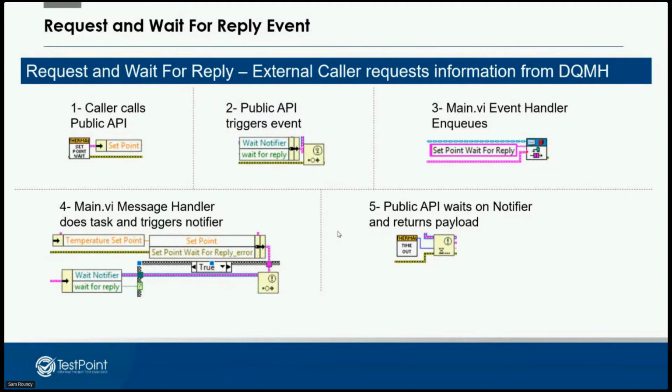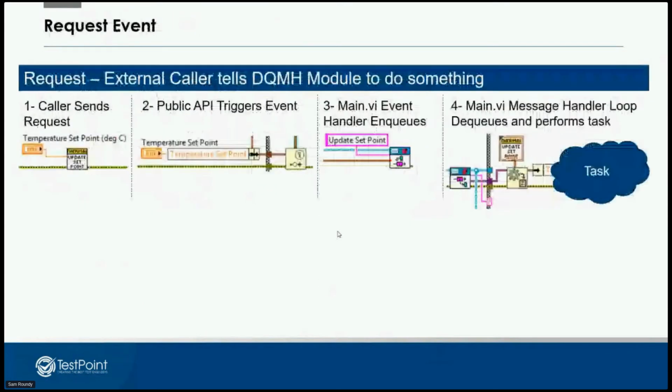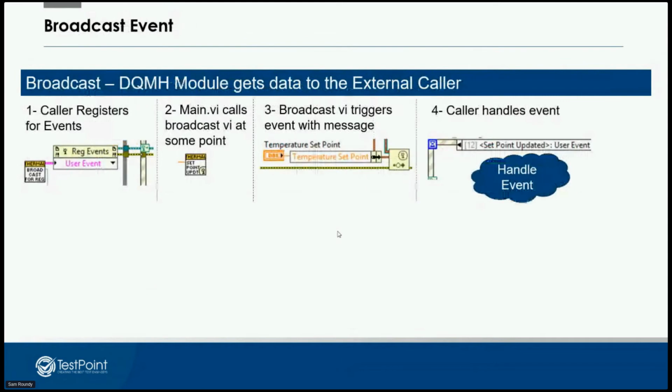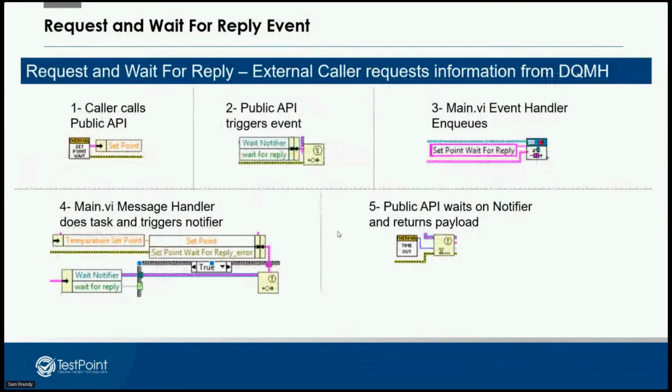So basically, if you're following along, it's essentially the last two events, the request and almost the broadcast, except that you don't have to wait for it in your caller. It just gives that data back to you. So then the public API just waits for that notifier and returns the payload. And so this is really the ideal if you can for TestStand. If you can't and you're only stuck with these, we'll talk about that in a minute.